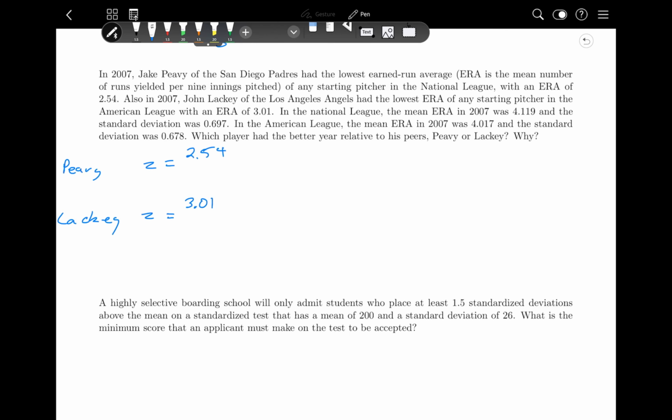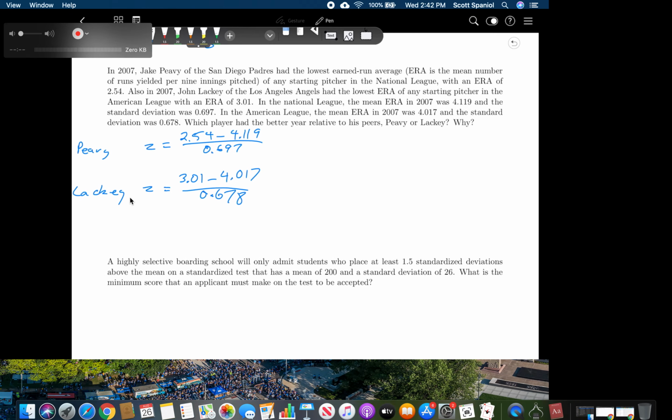And from that, we subtract the mean. So for the National League, that was 4.119. And for the American League, that's 4.017. And then we divide those by the standard deviations for each league. So the standard deviation for the National League was 0.697. And for the American League, it was 0.678. Okay.